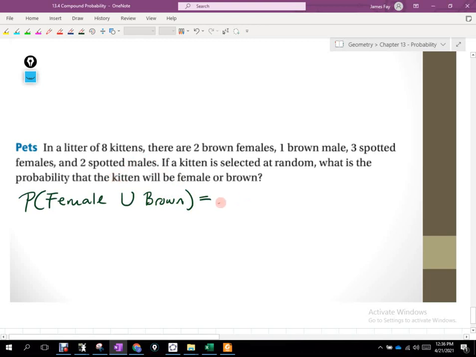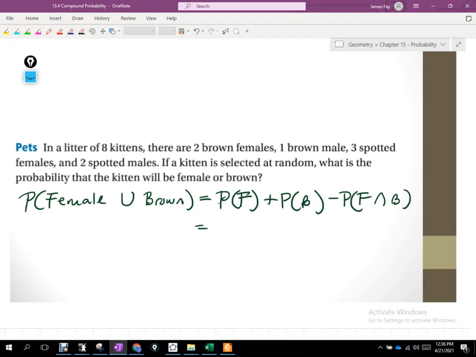Because it's "or," I'm going to write this: the probability of female plus the probability of brown minus the probability of female and brown. I haven't even determined if these are mutually exclusive or not. But it says there are 2 brown females, so these are probably not mutually exclusive events, and you will have to remove some probability.